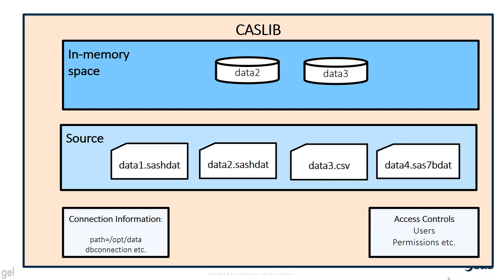In that case, the connection information, for example, if it's Postgres, which we will do a little bit of administration of a Postgres CAS lib in class, it's basically the connection to the database, which would give it the source tables. And then the other things the CAS lib contains is metadata about the permissions for the CAS lib, so the users and groups that can access it and the access controls that are applied to the CAS lib. Okay?